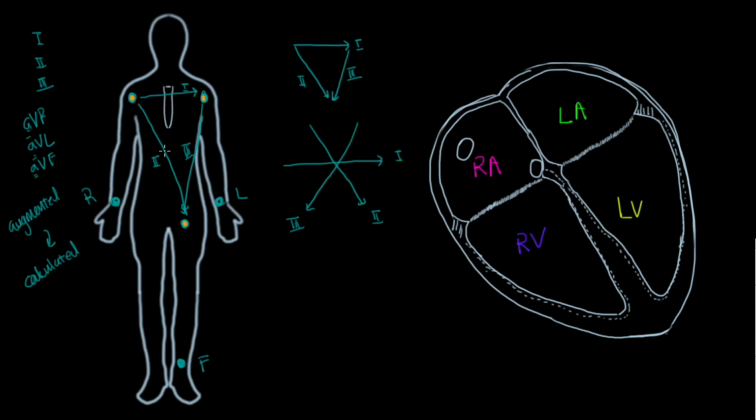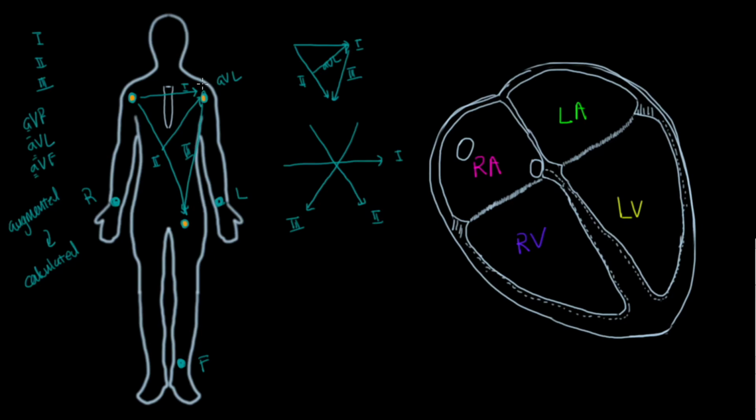So if you take the midpoint of lead 2 and draw a vector towards the left arm, you end up with AVL. It's like this up here, all the way down that way. That one is AVL. This is going to get a little crowded in the drawing, but bear with me.